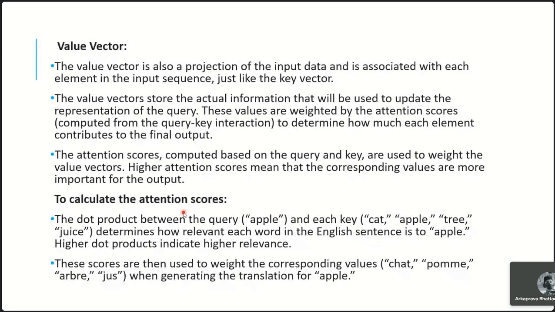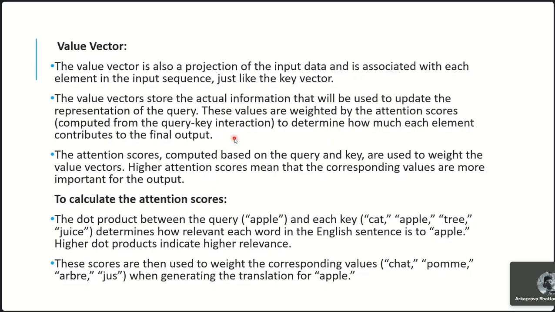These are called the value vectors. That is, these values are weighed by the attention scores computed from the query-key interaction. How is the query word related to the rest of the words? That is the query plus key information interaction. That is what is represented in the value vector. Okay. So the value vectors are used to determine how much each element contributes to the final output.